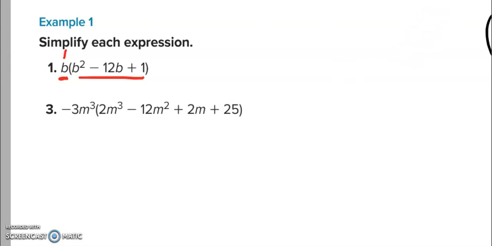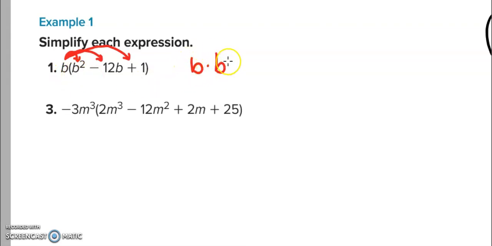So as long as it's just a monomial times a polynomial, we go back to our old friend the distributive property, where we're just taking what's outside the parentheses and multiplying it one step at a time with what's inside the parentheses.